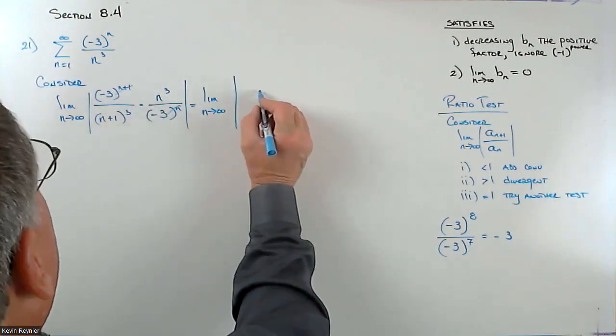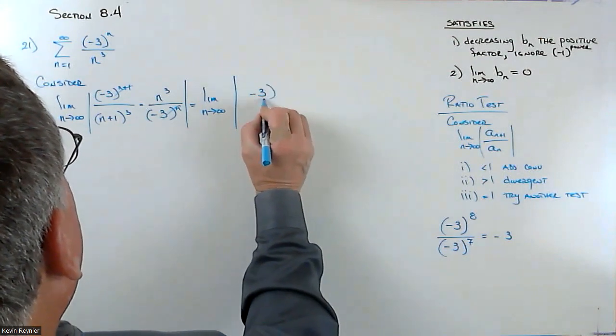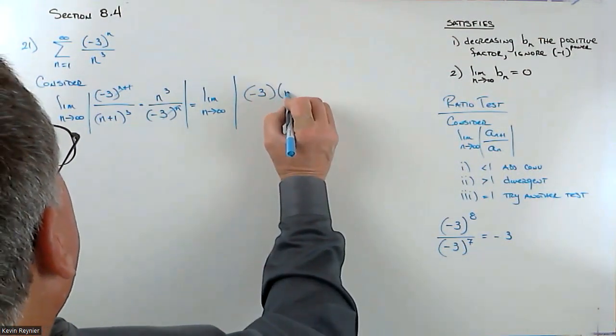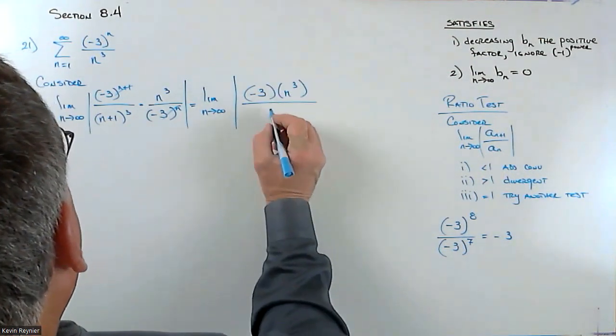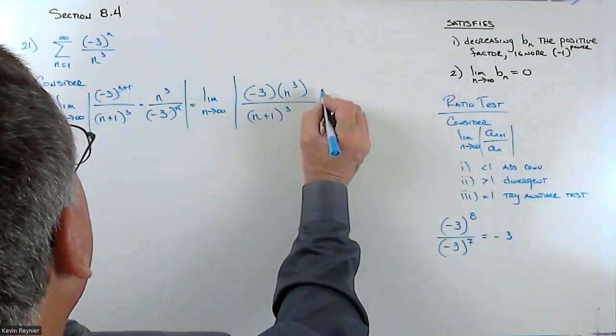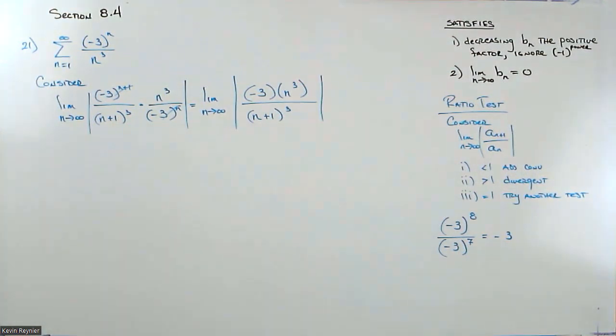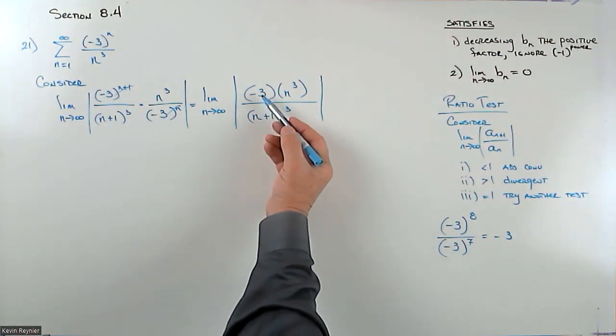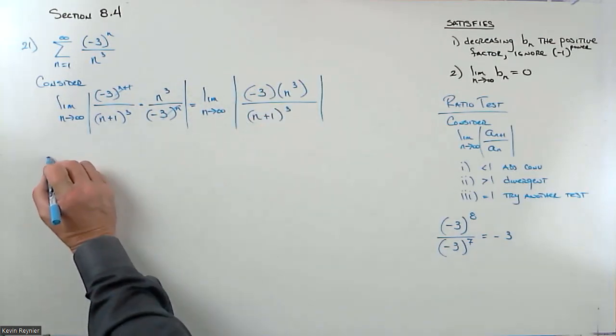These just give me a negative 3. Now I have an n cubed, and down here I have an n plus 1 cubed. When I take the absolute value of that, that negative 3 is just going to become 3. I can take that outside the limit.